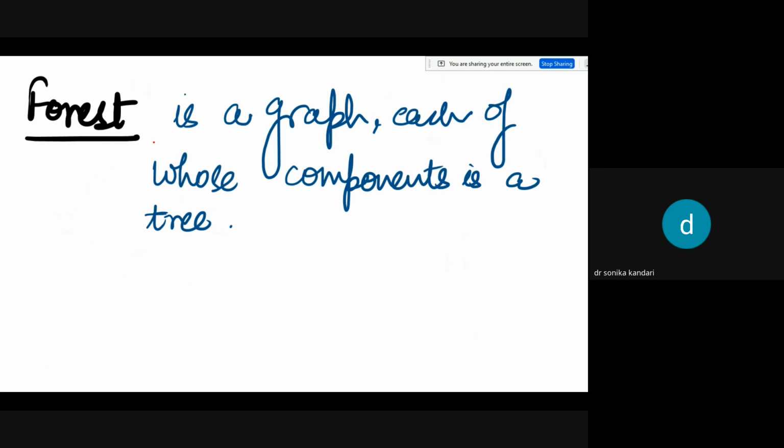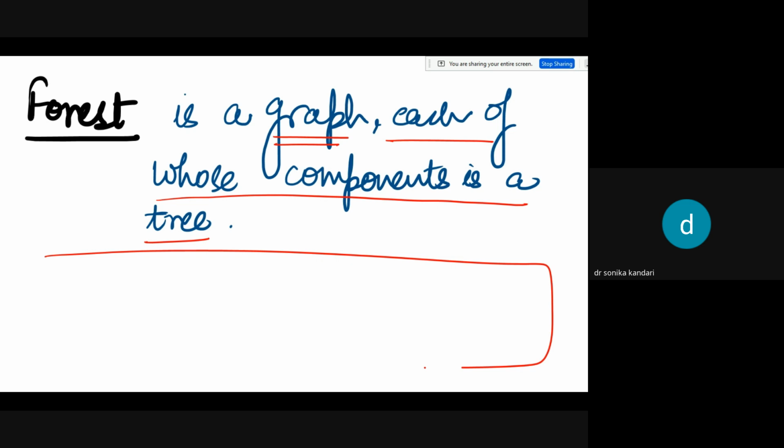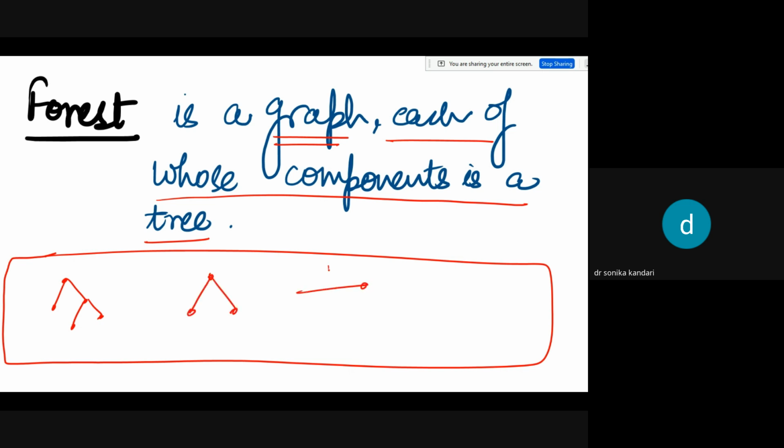And what is a forest? A forest is a graph, each of whose components is a tree. This is a tree? Yes. This is a tree? Yes. This is a tree? Yes. This is a tree? Yes. And what does all this represent?